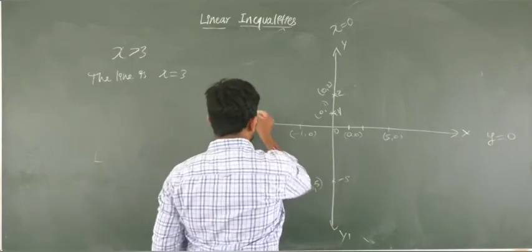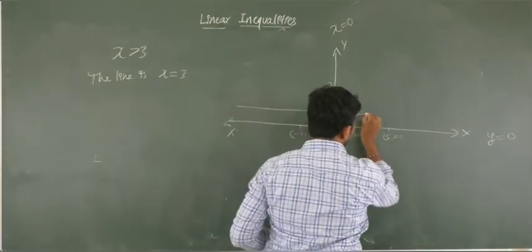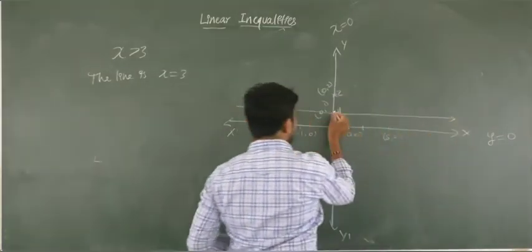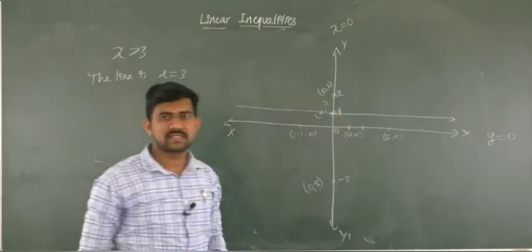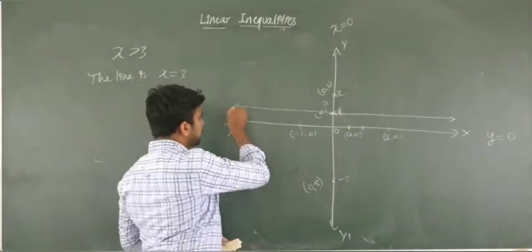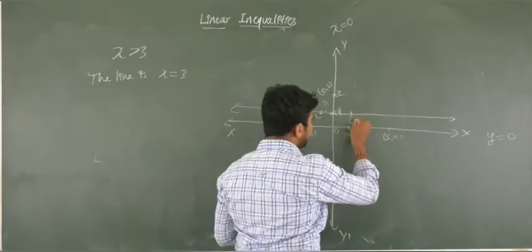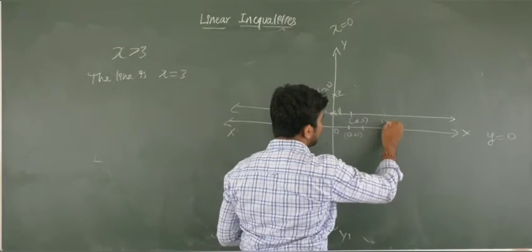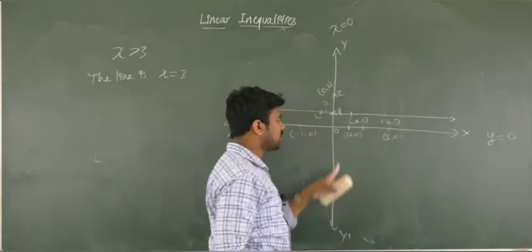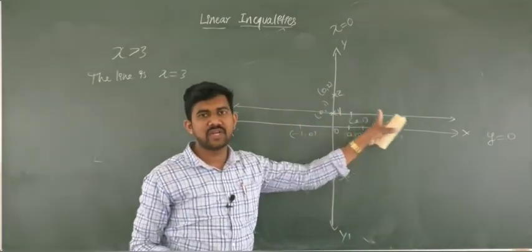Now consider a line which passes through the point 1 on the y-axis. Any point on this line is in the form a comma 1, b comma 1, because the y coordinate is 1.